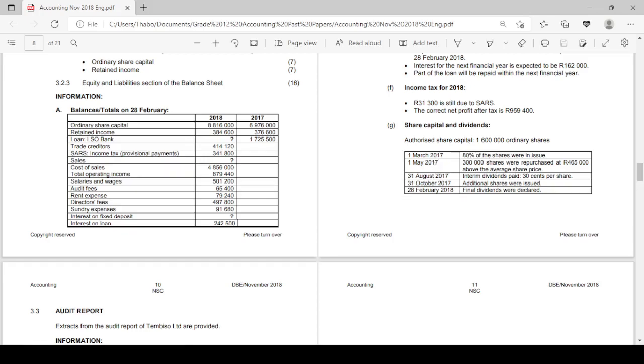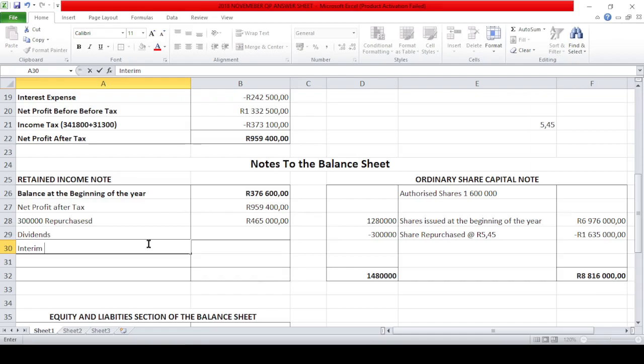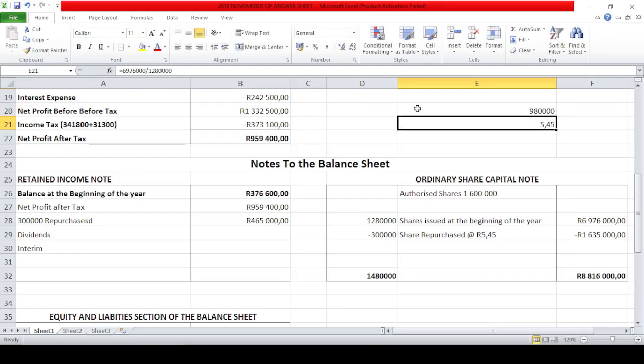So we are going to say 1,280,000 shares minus the 300,000 shares, which is 980,000 shares.